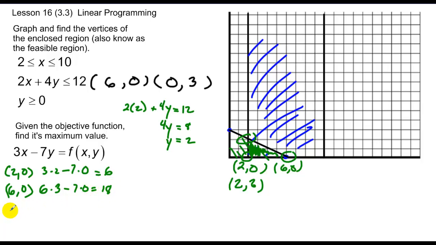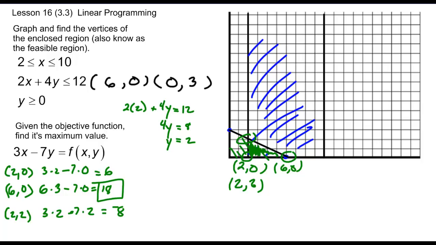And I plug in 2, 2. I get 3 times 2 minus 7 times 2, which equals negative 8. So in this case, I have a maximum value of 18, and that solved the problem.